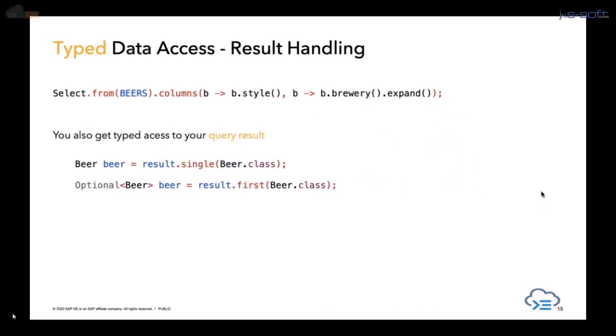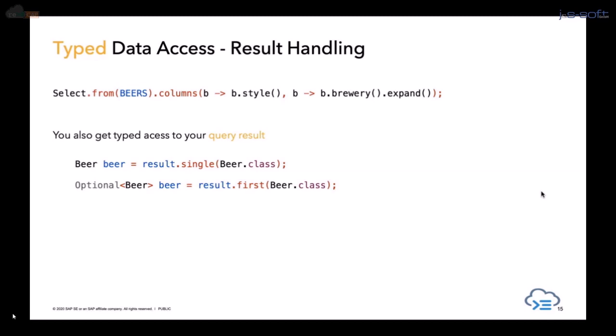Now, this is also enabled for result handling. For instance, if you execute a query like this on top, select from Beers the style, and then we expand the brewery, and you get a result from this, then you can also use the generated interface to get typed access on the data. If you expect a single result, you use single data.